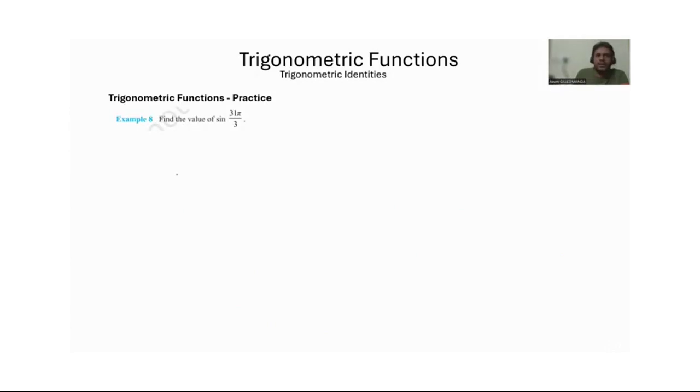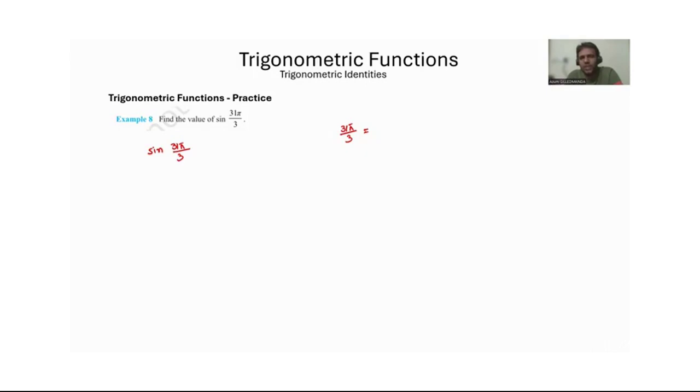Let's do another one, in radians this time. So here, sine of 31 pi by 3. It's like a fraction, right? I want to write it in multiples of 2 pi, because I know 2 pi is one revolution.